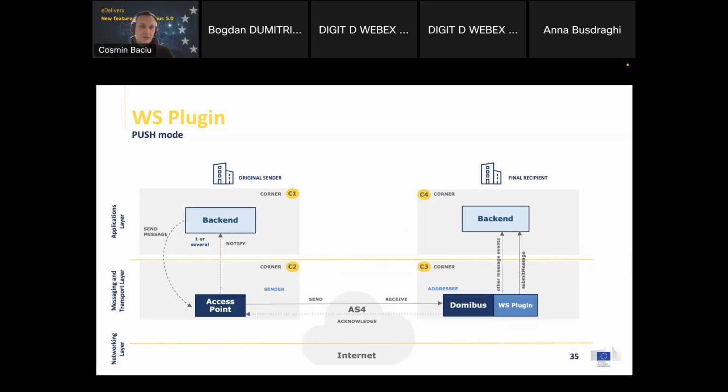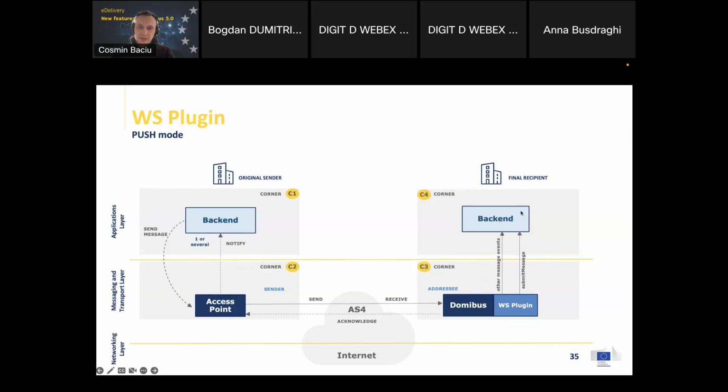Now let's see how push mode is working. So we have the same original sender corner 1, submits a message to corner 2, message arrives in corner 3, but this time the message arrives to the WS plugin, which pushes the message to the backend.